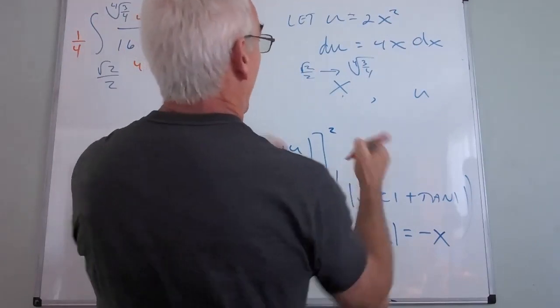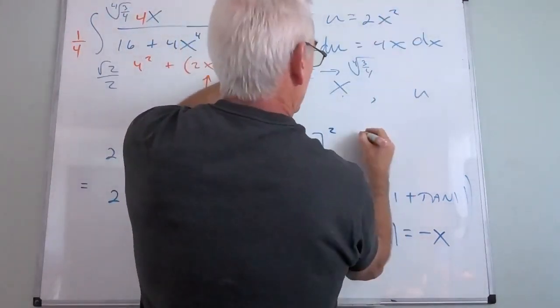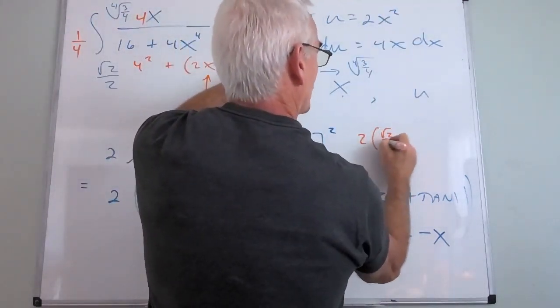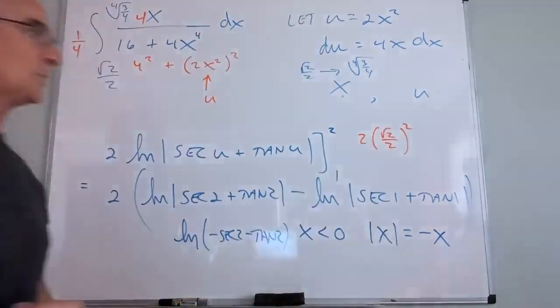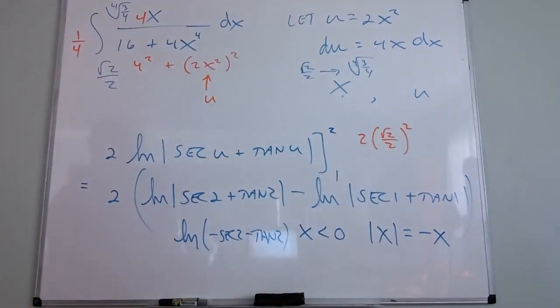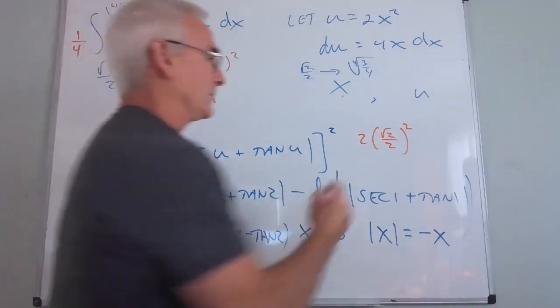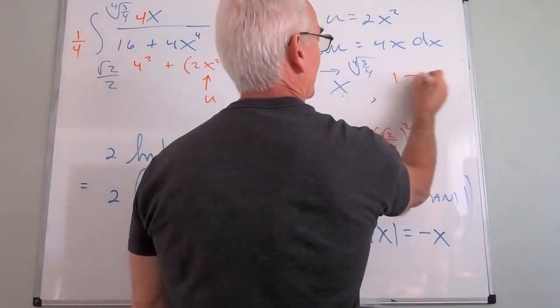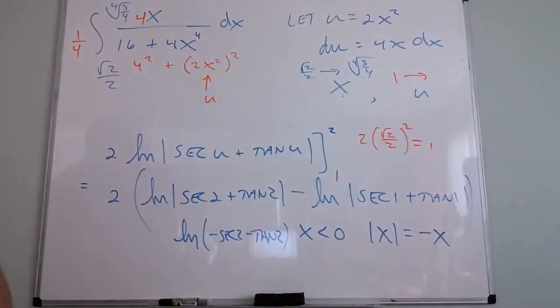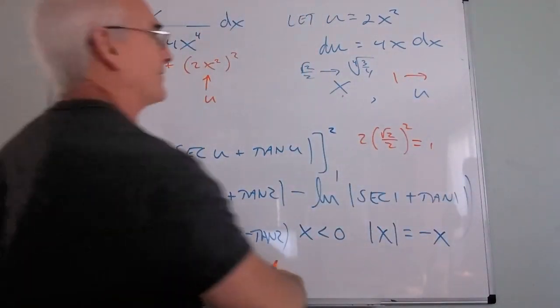Let's write it down. I'm going to insert that into there. So I have 2 times √2/2 squared. What does that equal? 1. Oh, maybe that wasn't so bad. Do you all agree? Maybe that's not the worst thing I've ever seen.